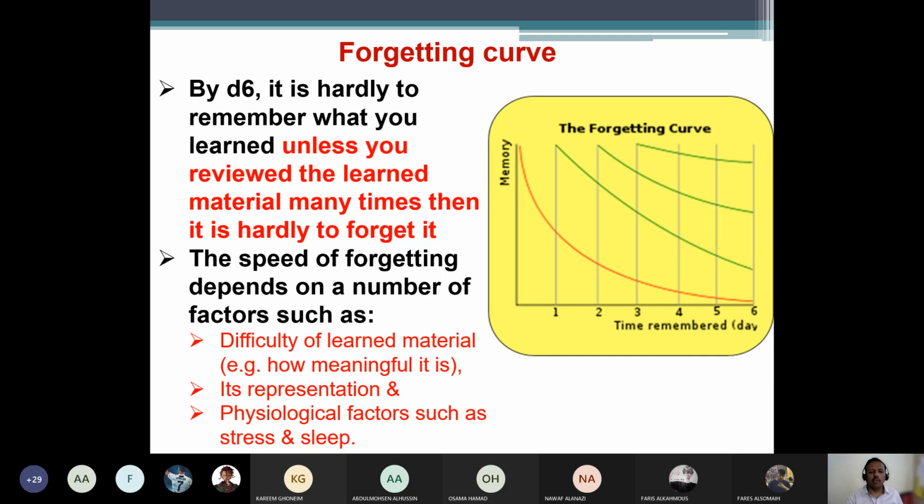Or some physiological factors, like if you are under stress, you cannot concentrate on the information, or you did not sleep proper time, so you easily forget them. So if there is a physiological factor, or maybe the representation is not there, you can easily forget that information. It is not remembered for a long time.